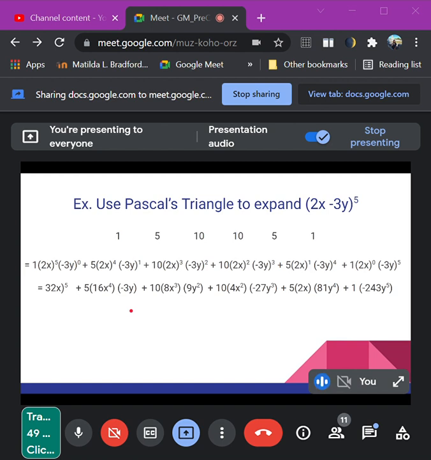Okay, so hinayhinayon gyapon ni nato. Kani siya, you have there 32x raised to the power of 5.